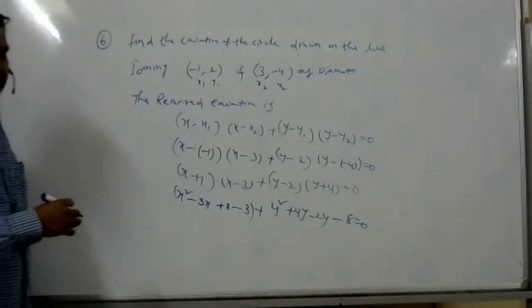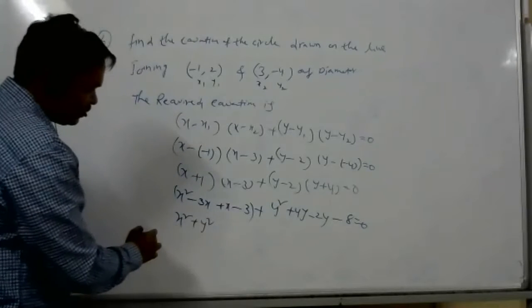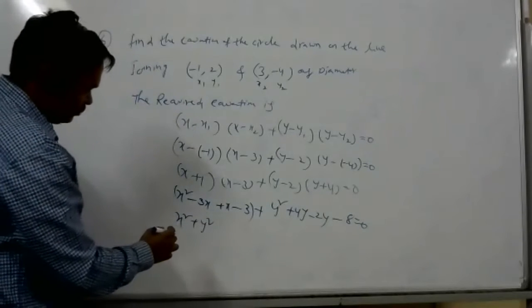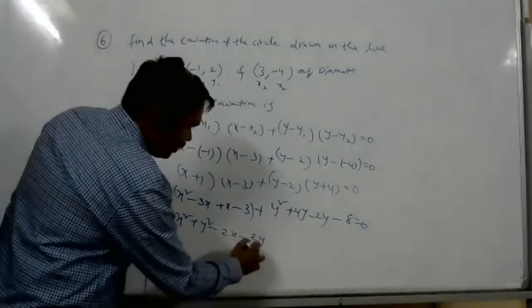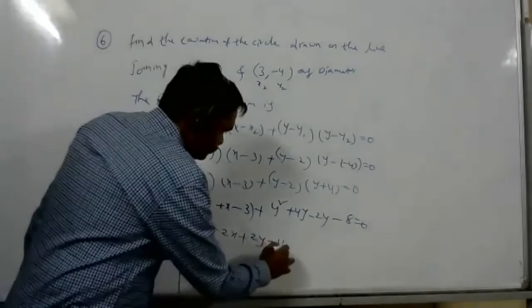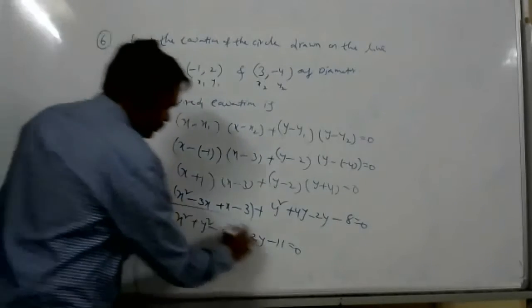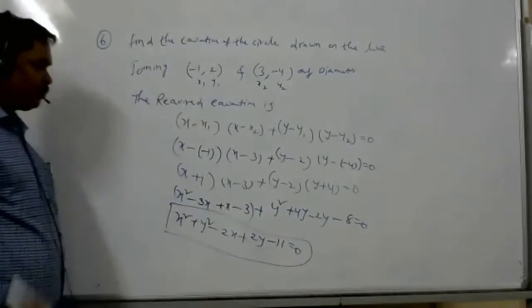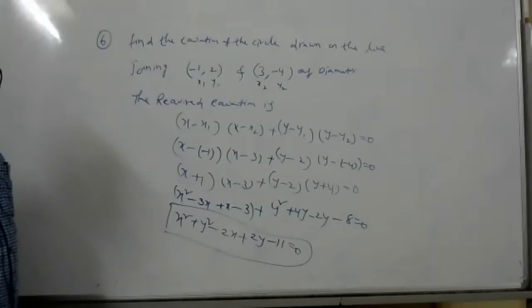Then the final answer: x square plus y square minus 2x plus 2y minus 11 is equal to 0.